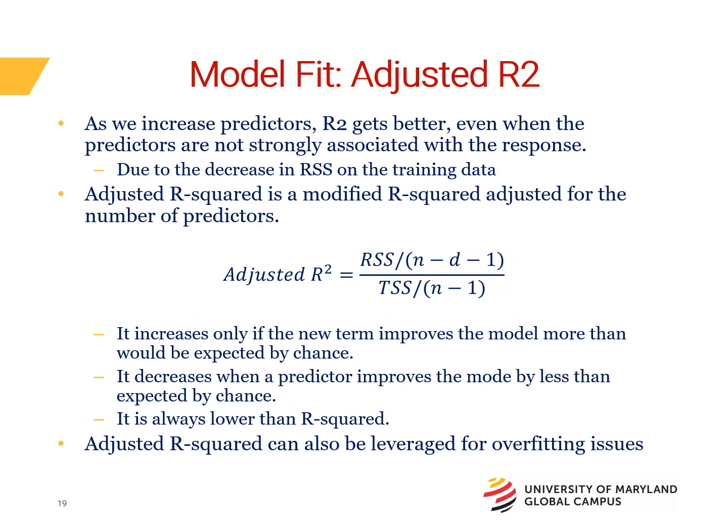So what is adjusted R-squared? Remember that R-squared is used to measure the amount of variance explained by the simple linear regression model. In a multiple regression setting, we have many predictors, and the R-squared logic is that as the number of predictors increases, it gets larger, even when some of the variables have weak or no correlation with the response.